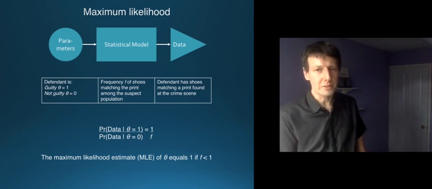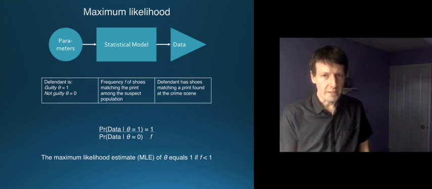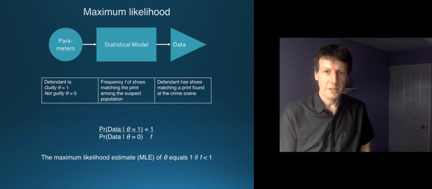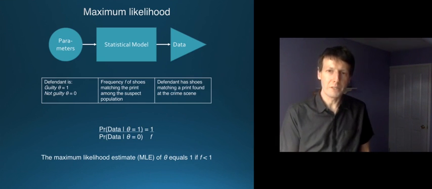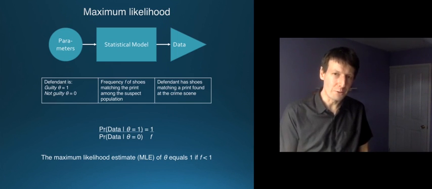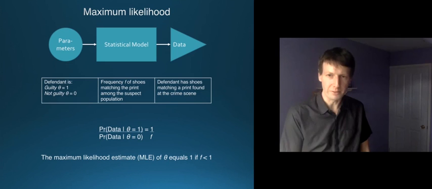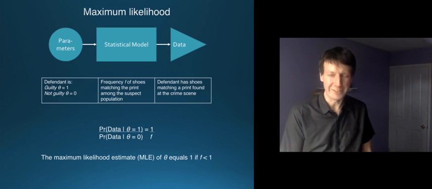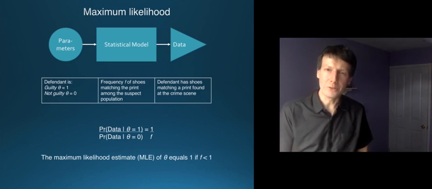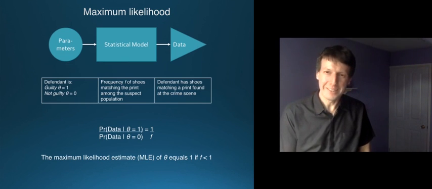The statistical model is a crucial bit. In this case, it considers how frequent are shoes matching the print among the suspect population. And of course, the statistical model is tailored to the data, and the data in our case was that the defendant has shoes matching a print found at the crime scene. Of course, the data could also have been that the defendant does not have shoes matching a print found at the scene of the crime.